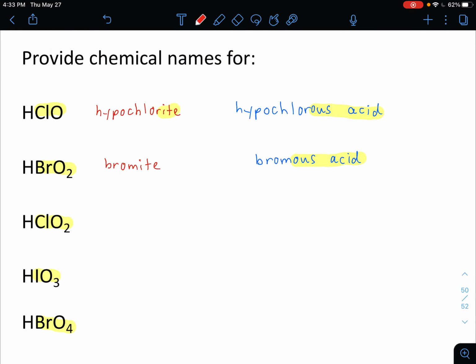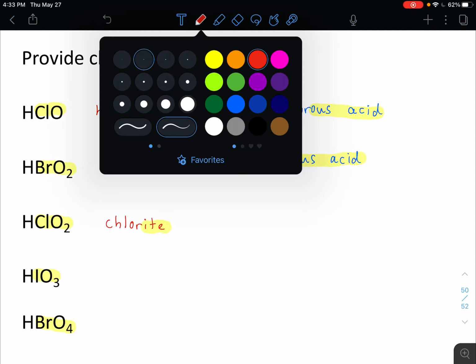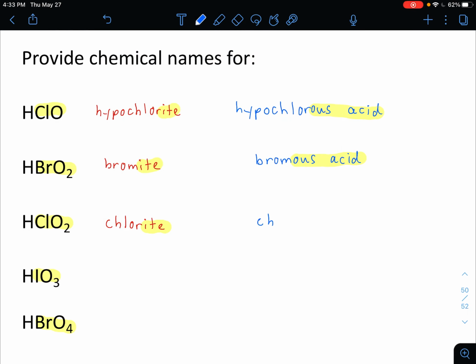Okay, next one, that's ClO2, so one down from the parent, so this is going to be the same as the one above, chlorite. ITE here became OUS acid, now ITE here, also OUS acid, chlorous acid.